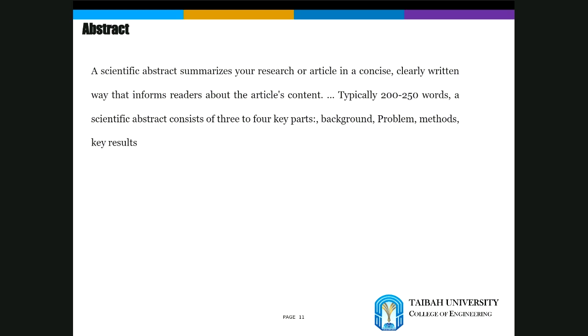You can mention that here: the result obtained in this study shows that there is a reduction in this. Just a few words, mention the key result of that project. So please summarize your abstract in the 4 things, or make it 3. If you have a result, make it 4.